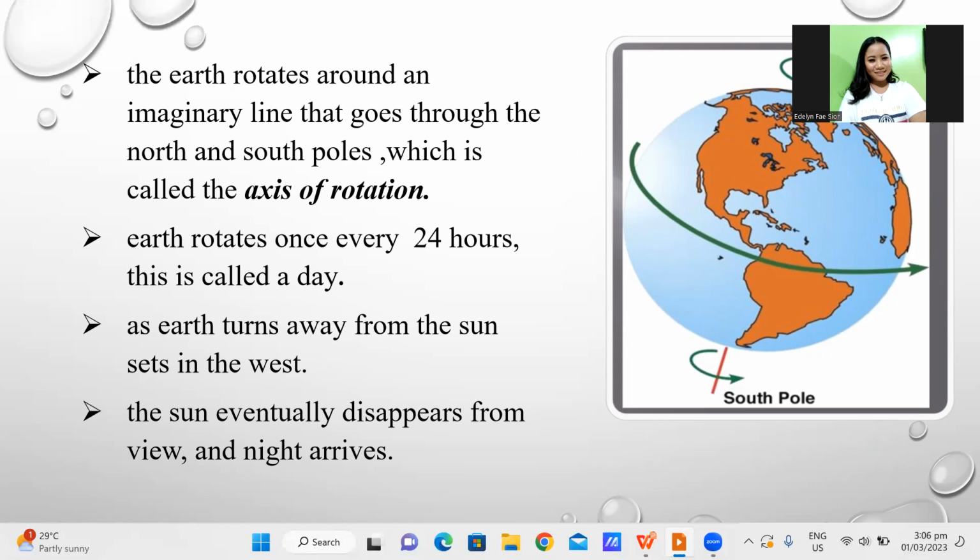So, kapag umikot yung Earth ng isang beses, equivalent siya sa 24 hours na yun, isang araw na yun. As Earth turns away from the sun, the sun sets in the west, eventually disappears from view, and night arrives. Because of the axis of rotation of the Earth, that is where the sunrise and sunset appear.